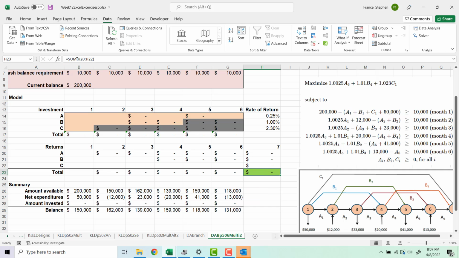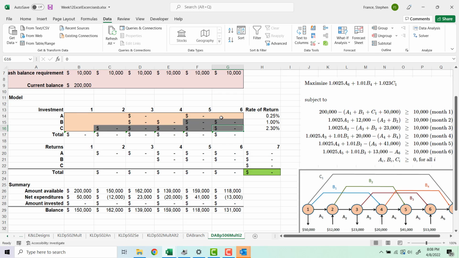And what we're trying to maximize is our returns at the end, the last period returns. All of our investments need to come to fruition in period 7. So for example, we can't invest a load of money in C in period 6.